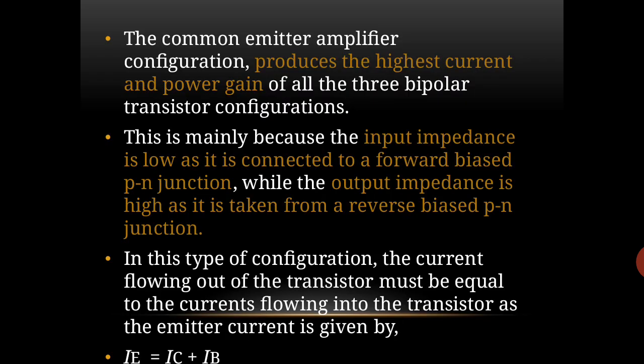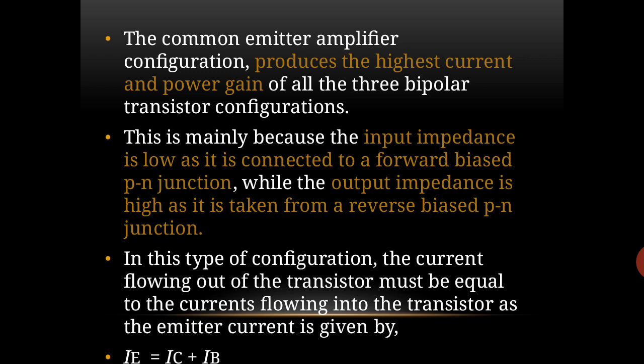The common emitter amplifier configuration produces the highest current and power gain of all three bipolar transistor configurations. This is mainly because the input impedance is low as it is connected in forward bias PN junction, while the output impedance is high as it is connected from a reverse bias PN junction.